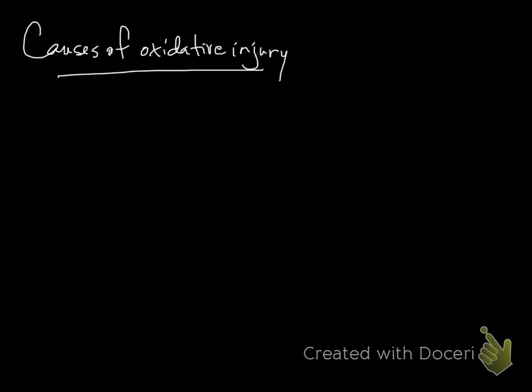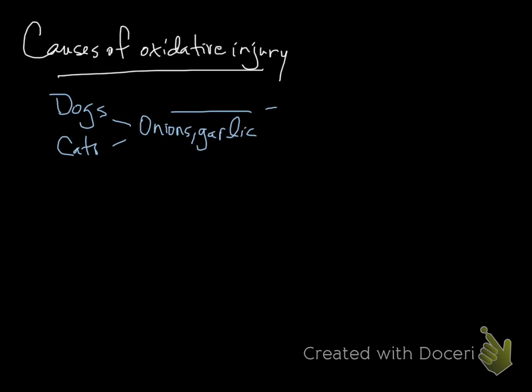So causes of oxidative injury are a little bit species specific. I'm actually not going to number them. Dogs and cats can both have onions and garlic. It's dogs that I mostly think of with zinc, and that's usually pennies minted after 1982. And cats, I also think of acetaminophen, also known as Tylenol.